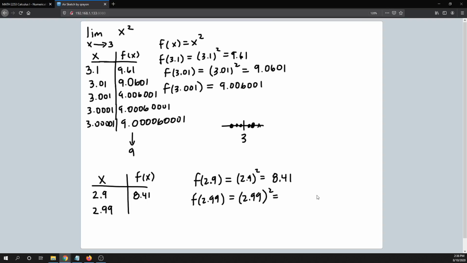I get 8.9401. Next I would pick a value of x that's even closer to 3 and plug that into the function.